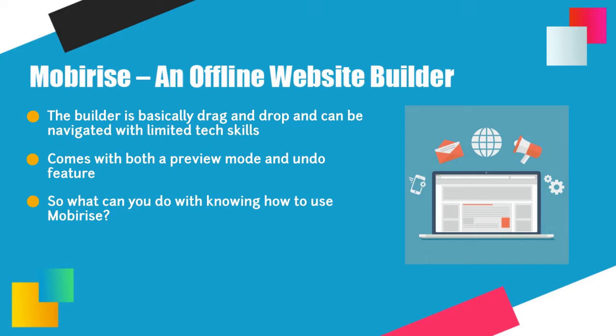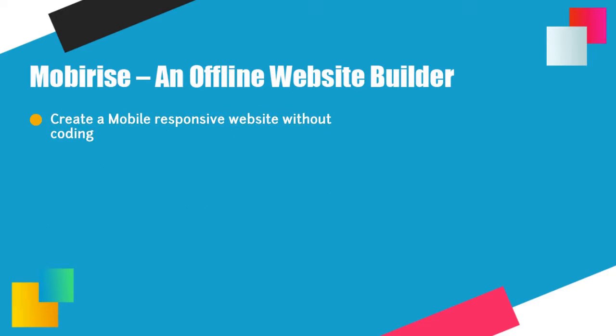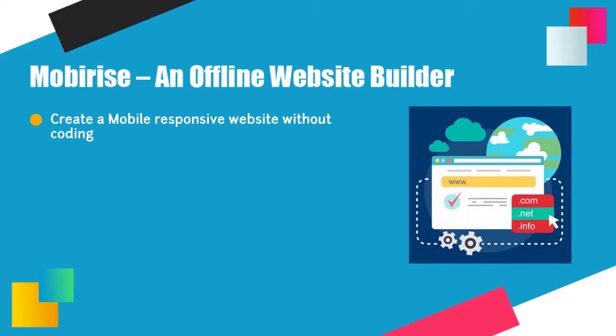What can you do? Right? So if you're watching this and you're thinking, well, what can you do if you know how to use Mobirise? What can you do knowing how to use it? One of the things is that you can build a mobile responsive website, again, for yourself or for a business. You don't have to know how to code anything. You don't have to know anything about HTML or CSS.